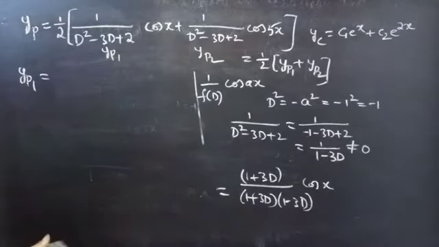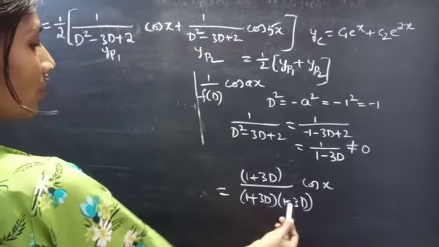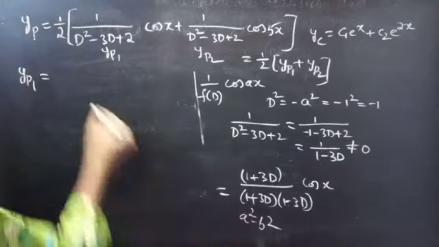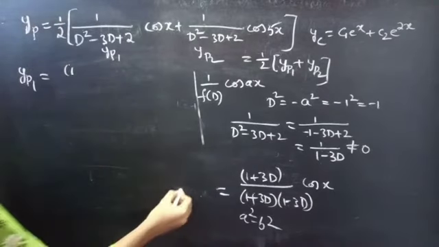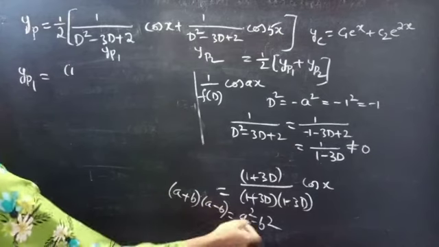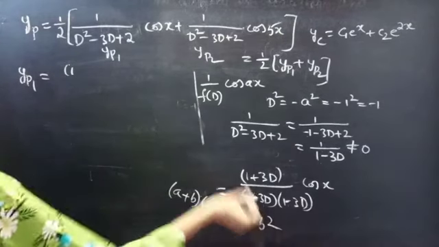So here we have a denominator of the form a plus b into a minus b, which is a square minus b square, right? Since we know that a plus b into a minus b equals a square minus b square, we'll change the denominator.